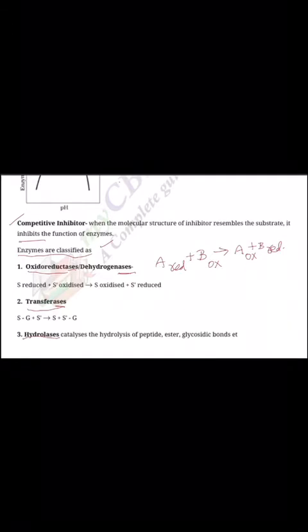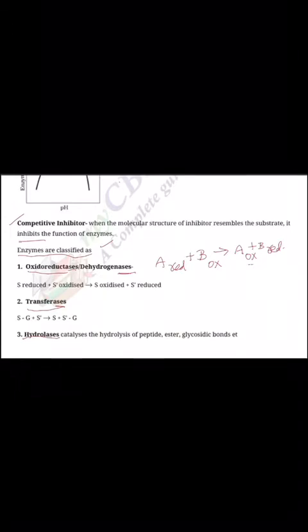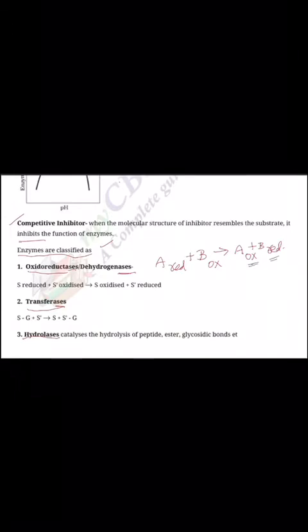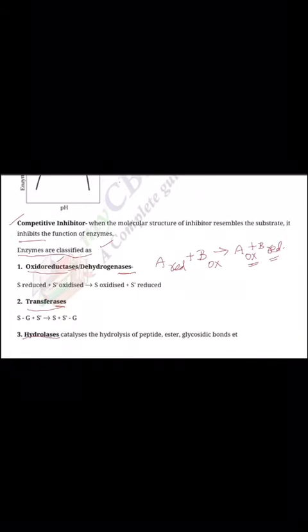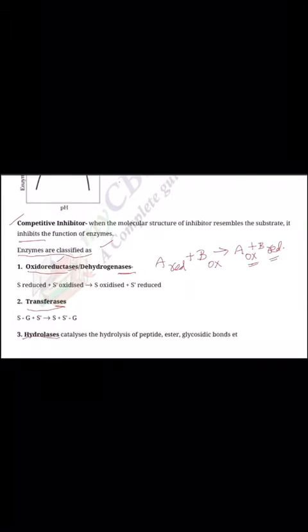That means it is catalyzing a redox reaction and can be categorized into oxidase as well as reductase. One is getting oxidized, another is getting reduced in the presence of the enzyme. That's why we call such enzymes oxidoreductases.